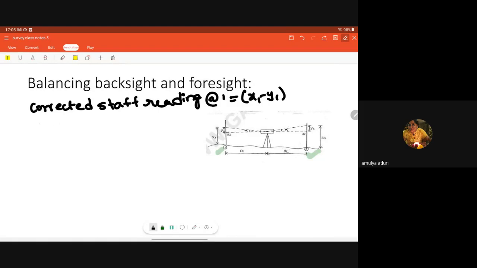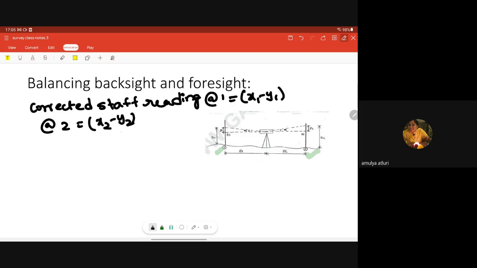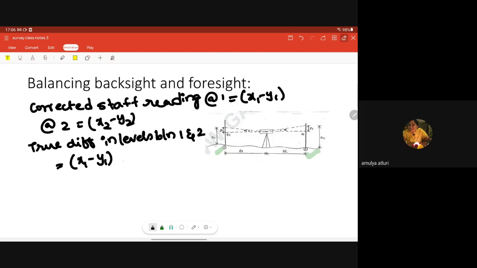The corrected reading of staff at 2 is, here you can see, x2 y2, so x2 minus y2. So what is the true difference in levels between point 1 and 2? It is x1 minus y1 minus x2 minus y2, that is equal to x1 minus x2.